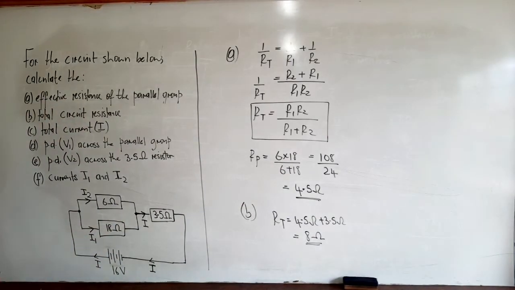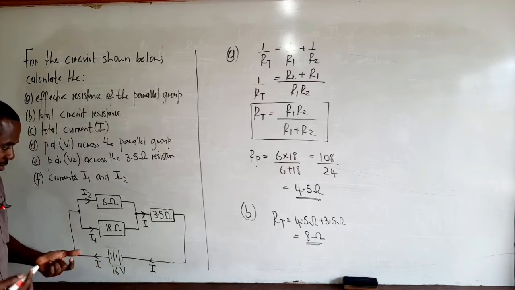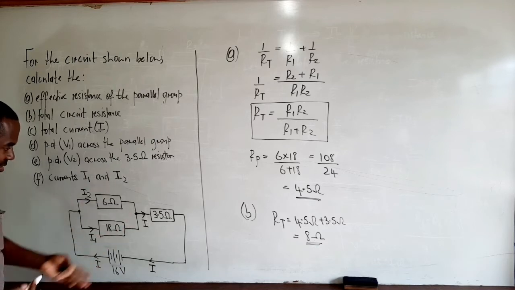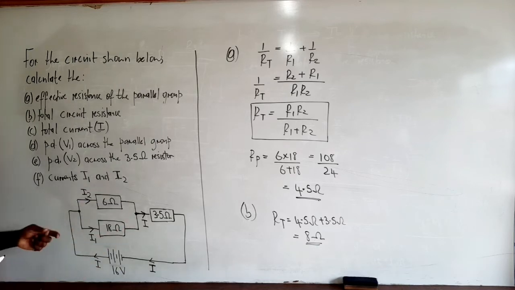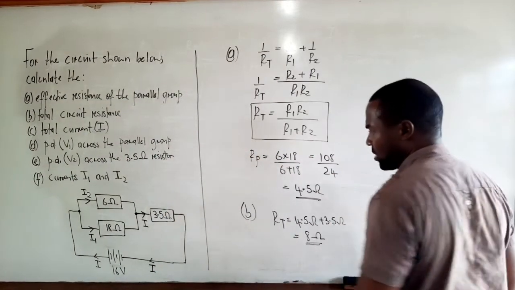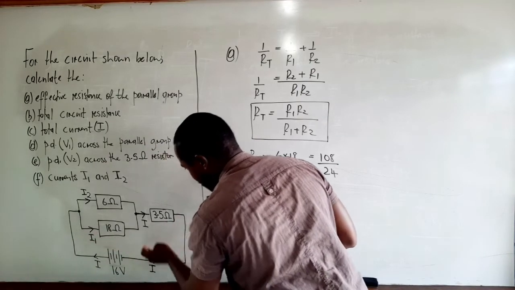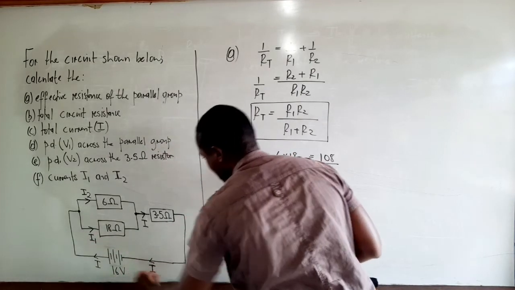Now, let's look at part C. Having found the total resistance, we can proceed to finding the total current I. We have a total resistance RT, which is 8 ohms, and we have the total PD across this combination, which is the battery's EMF, 16 volts.